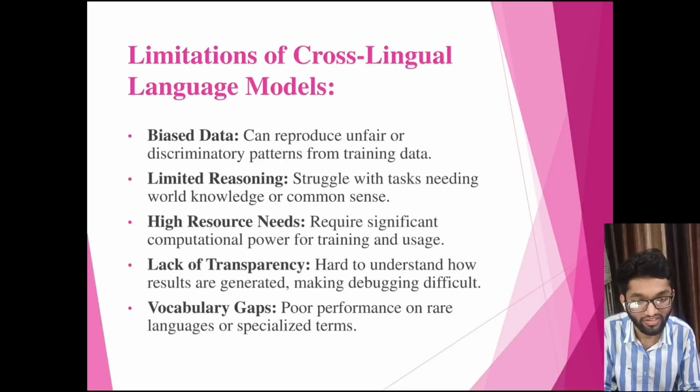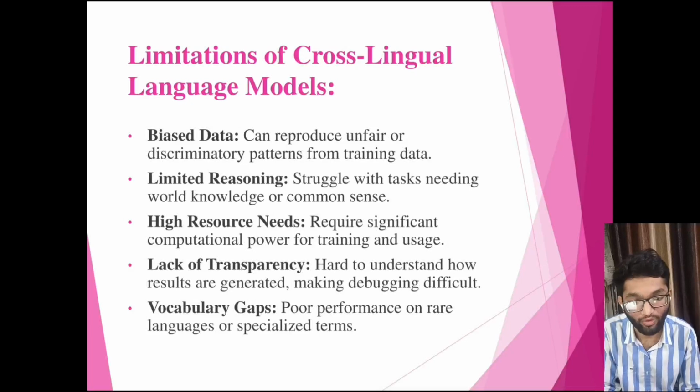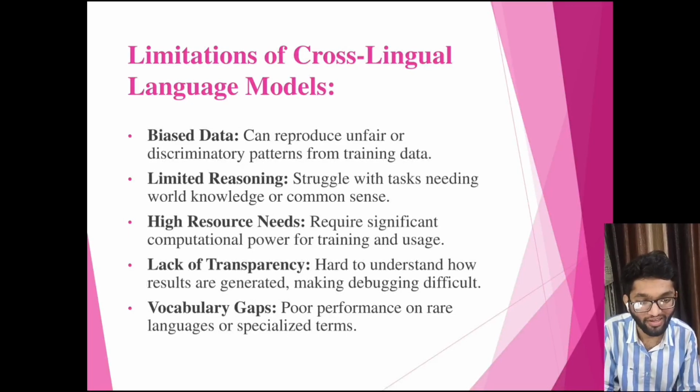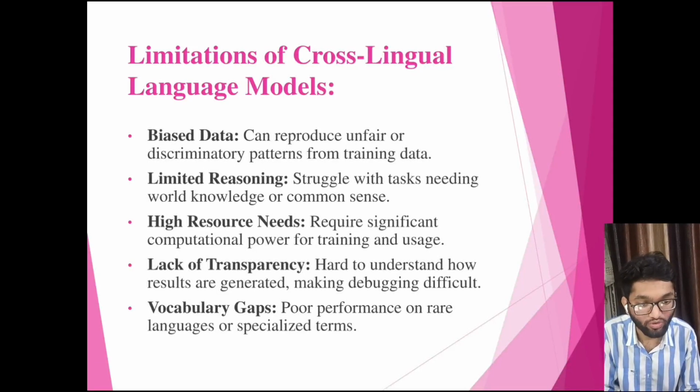Third one is high resource needs. XLMs need a lot of computational power, making them expensive to train and use. Example is training a multi-language model like XLMR requires powerful GPUs, which can be costly for small businesses. Fourth one is lack of transparency. XLMs often act as black boxes, making it hard to know why they make specific decisions. Example is if an XLM gives an incorrect translation, it's hard to understand why it made an error.